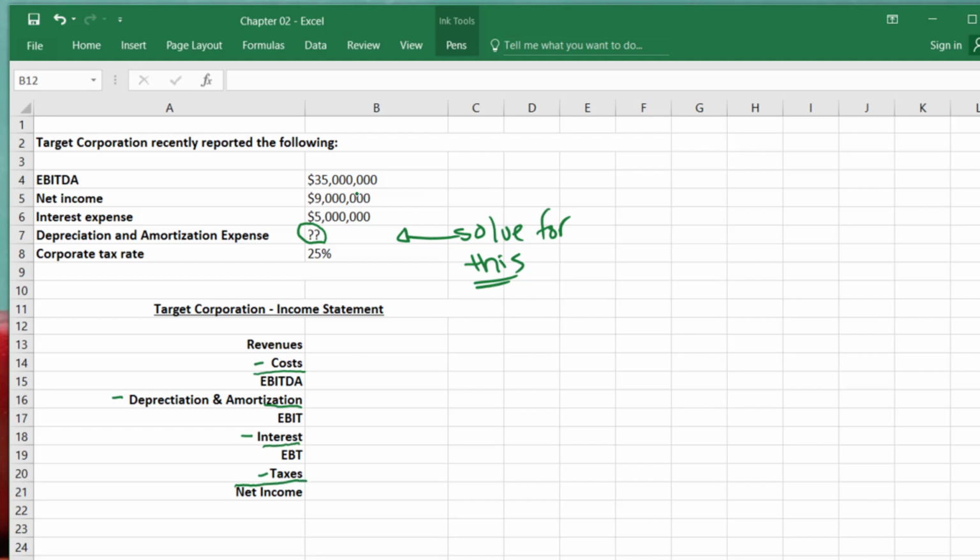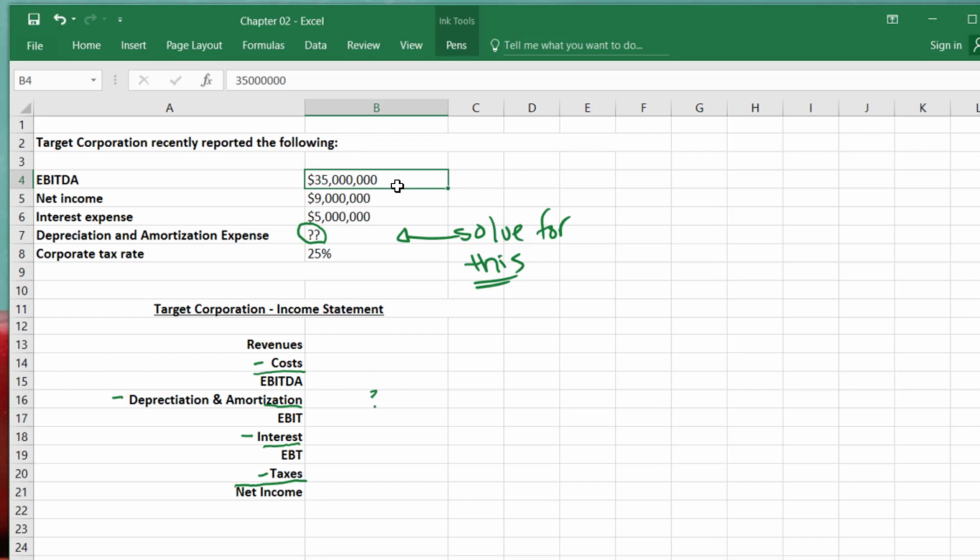Okay, so let's fill in the actual information we know, and then we can try to work our way around this to figure out that depreciation and amortization number. This is the one we want to solve. Let's see what we've got. The first thing we have is earnings before interest, tax, depreciation, and amortization, and we're told it's 35 million.